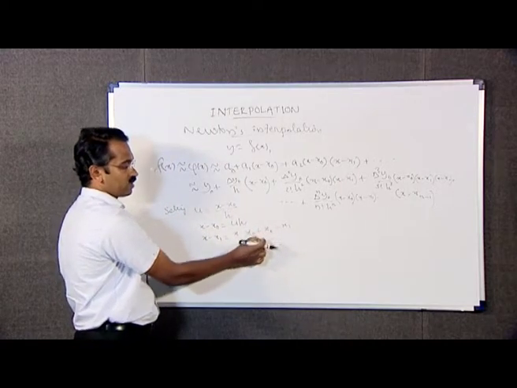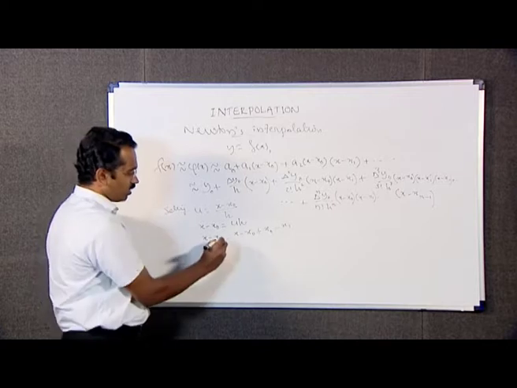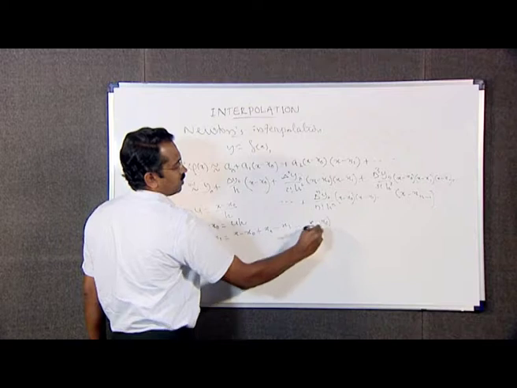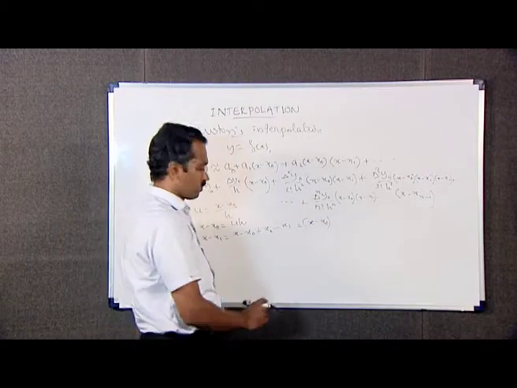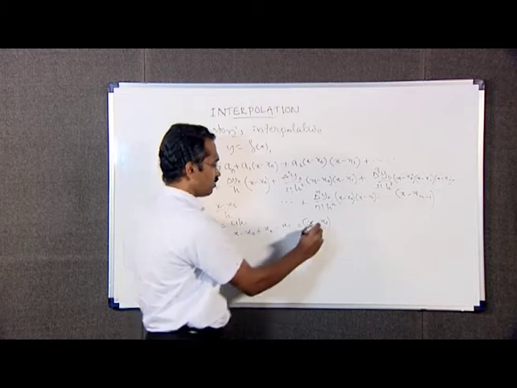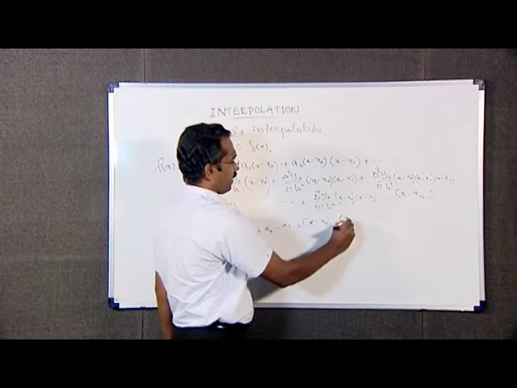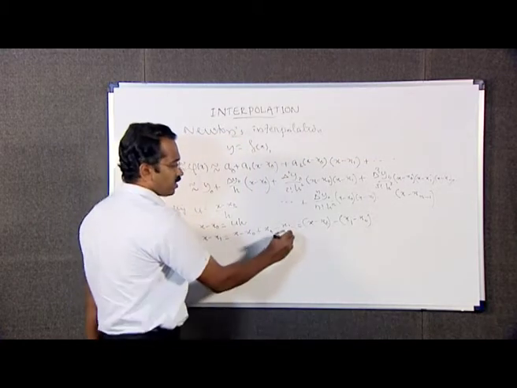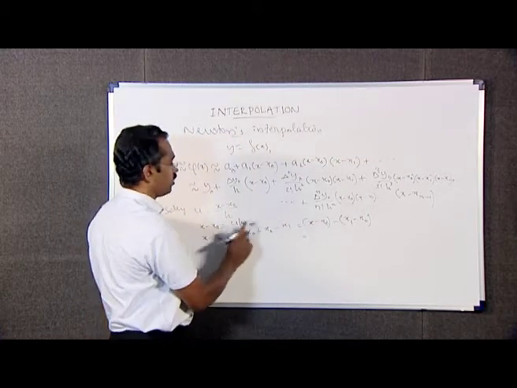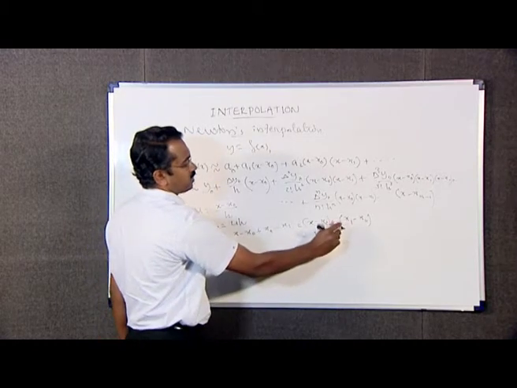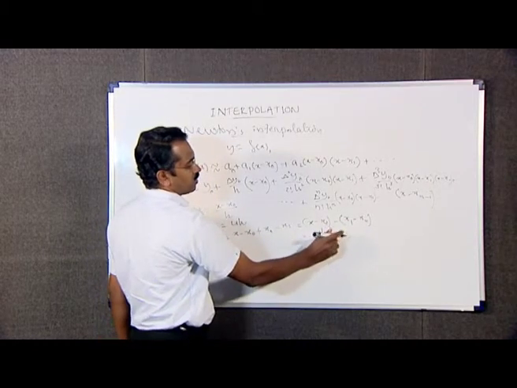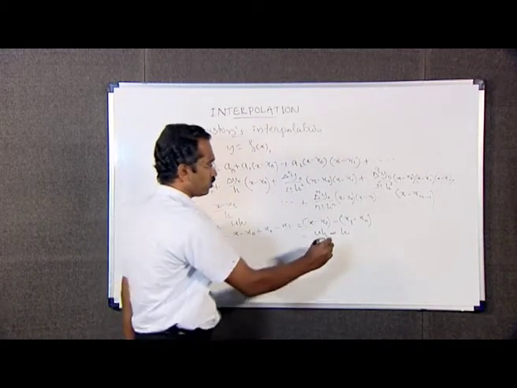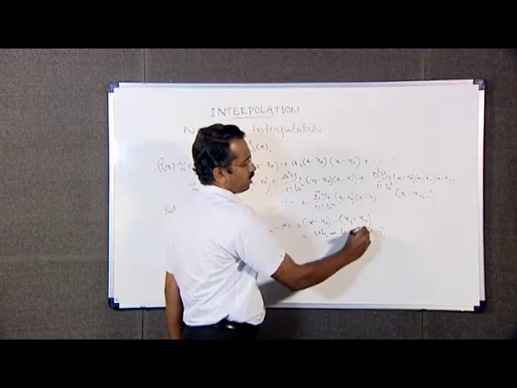Just add x naught and subtract the same. This is equal to x minus x naught plus, x minus x naught is u h, minus x 1 minus x naught is h, that is uh minus h, which is equal to u minus 1 into h.